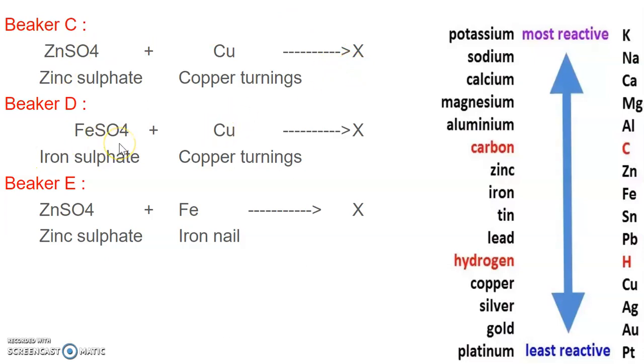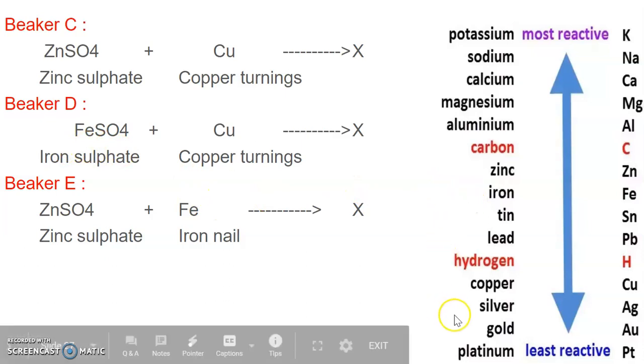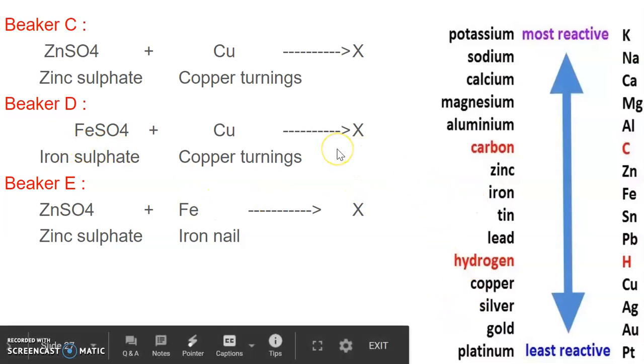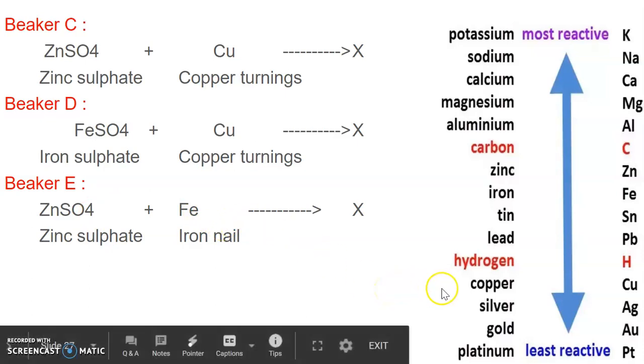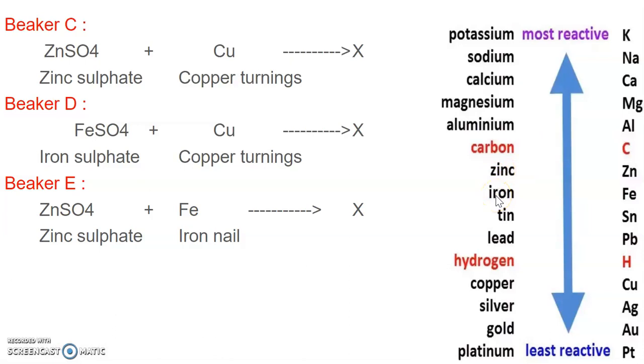In beaker D, we have taken copper and iron sulfate. Again, iron is more reactive, copper is less reactive. That's why no reaction will take place. In beaker E, we have taken zinc sulfate plus iron. So whether the reaction will take place? No, because zinc is more reactive than iron.